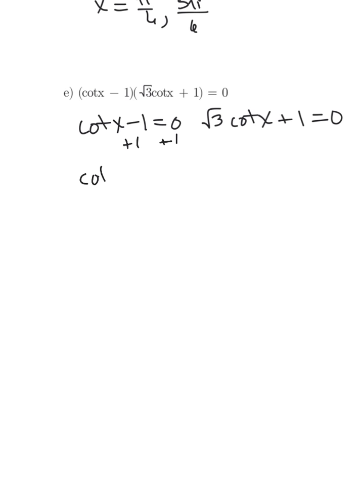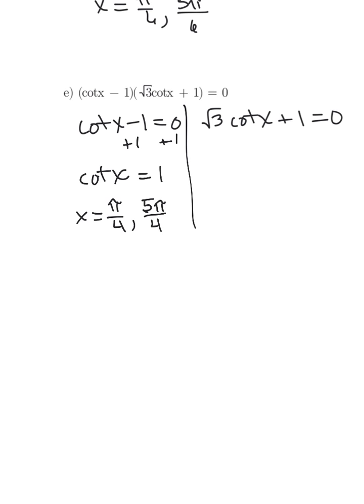So cotangent of x equals 1 is our first. Where is cotangent positive? That's in quadrant 1 and quadrant 3. Where does cotangent equal 1? At the pi over 4 angles. So the solution for our first equation will be x equals pi over 4 and x equals 5 pi over 4. So we have solved the first of those.